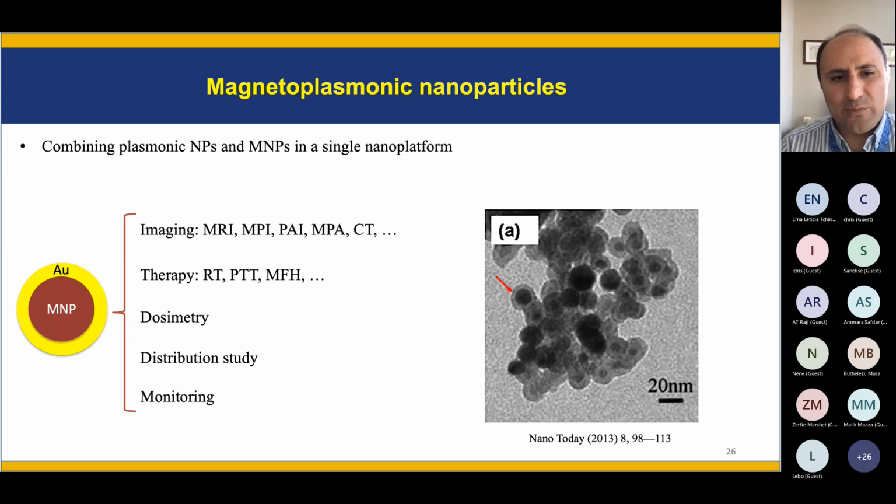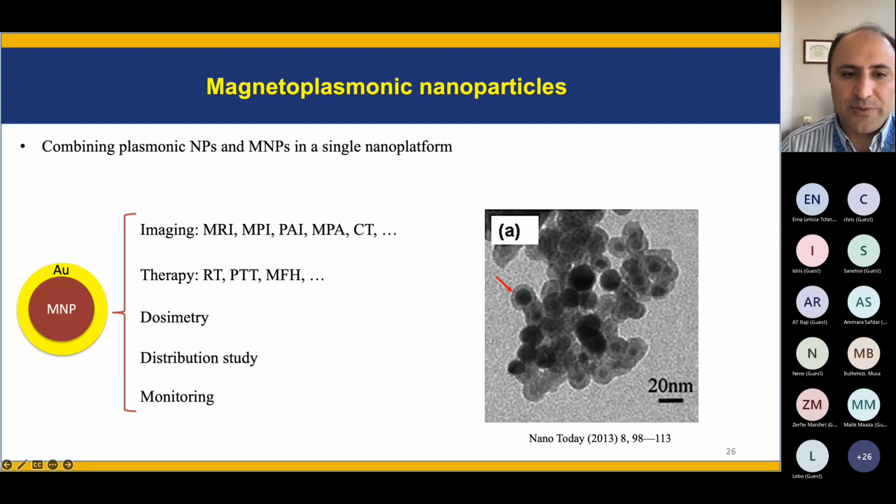Also, a gold nanoparticle by itself can be used for imaging like photoacoustic imaging or CT imaging. So we have lots of options with these nanoparticles to do imaging, including MRI, MPI, photoacoustic imaging, magnetophotoacoustic imaging, or CT scan.